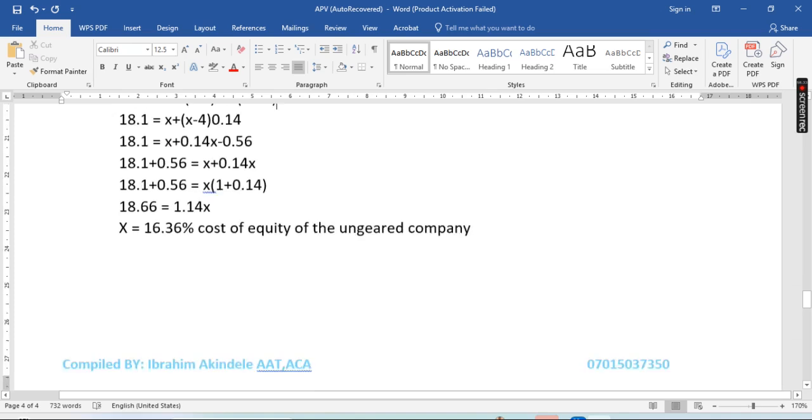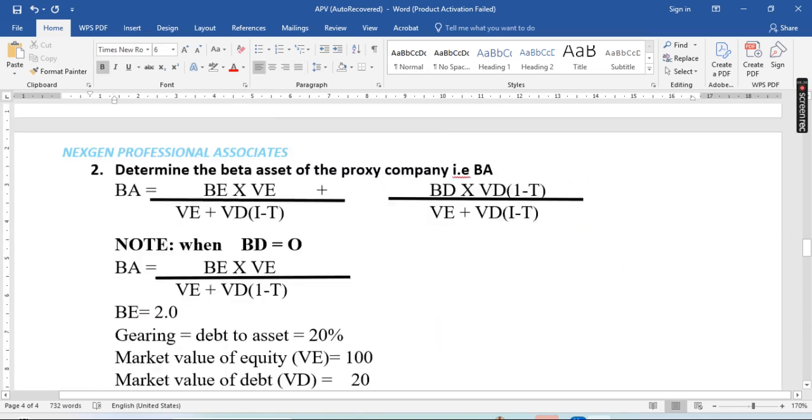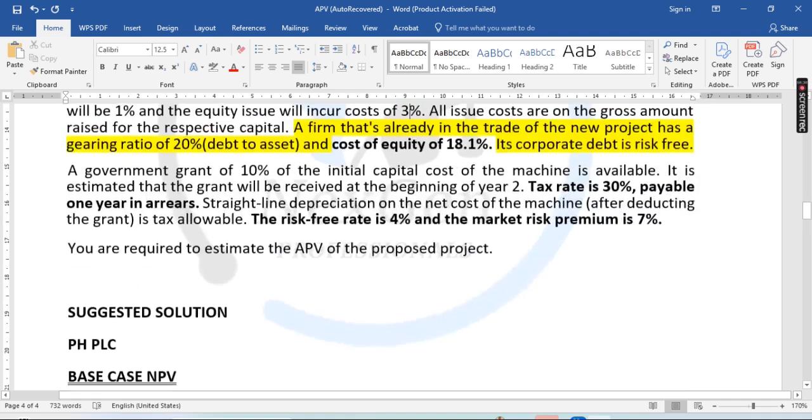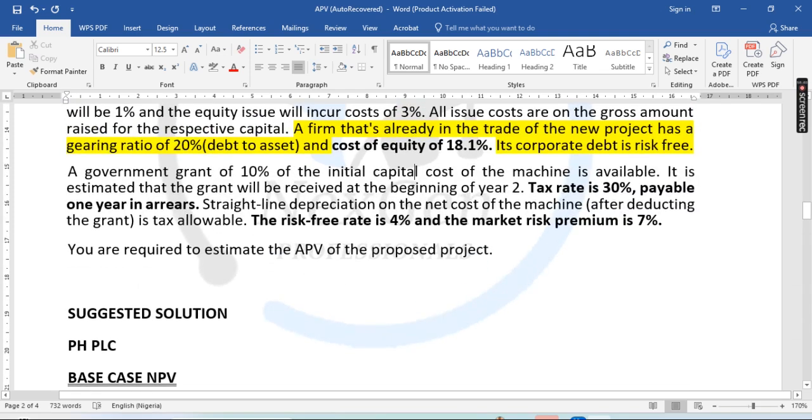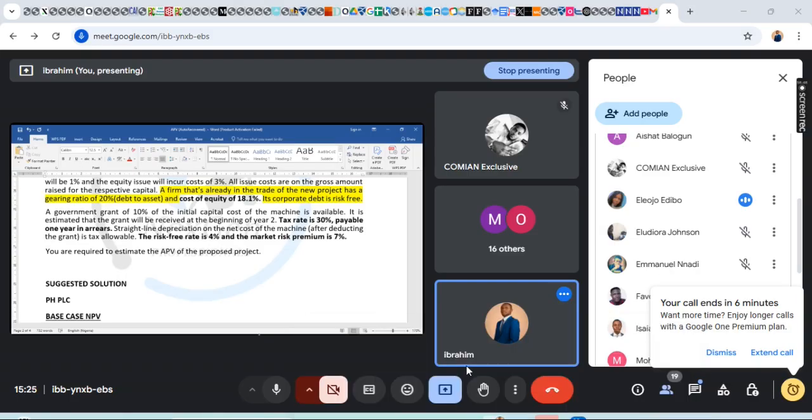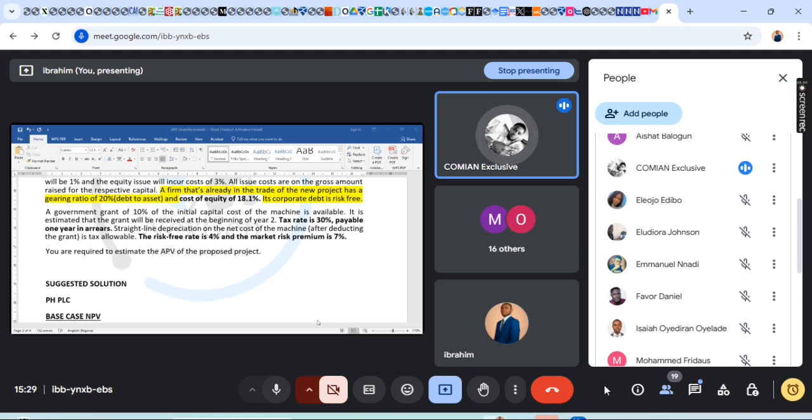I'm just thinking, that's my own thought, though. I might be wrong. He said they'll receive a grant of 10% at the beginning of year 2. Unless we are spreading it throughout the life of the assets, but you are not actually spreading it.